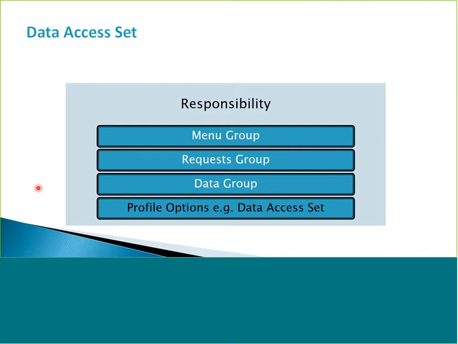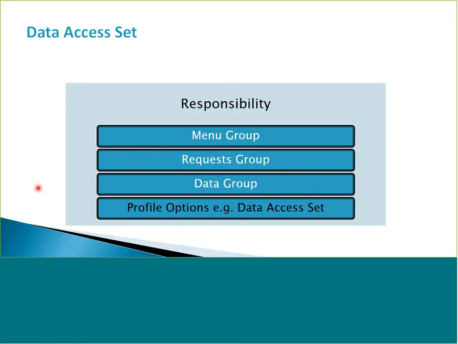And once we assign the ledger to a responsibility, then we can use that responsibility to access the ledger. We also said that in order to assign the ledger to a responsibility, we do it through the profile options, and the profile option specifically is called data access set.